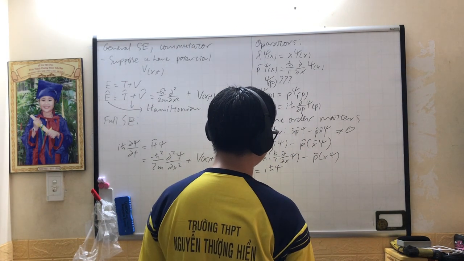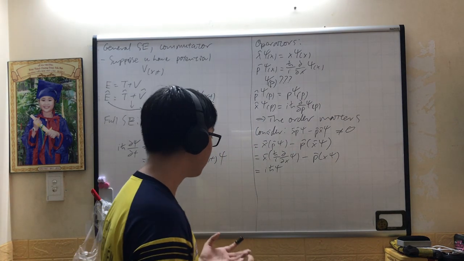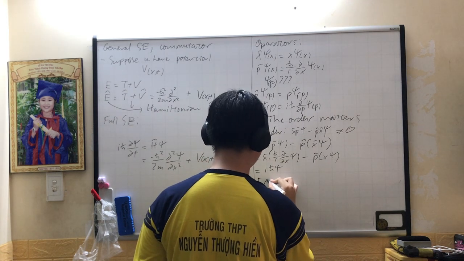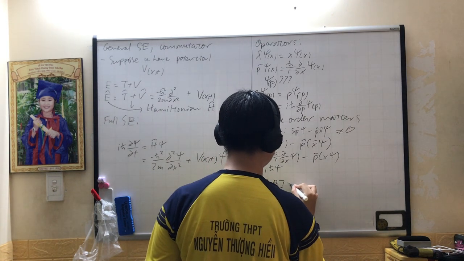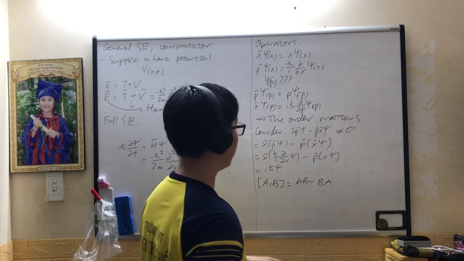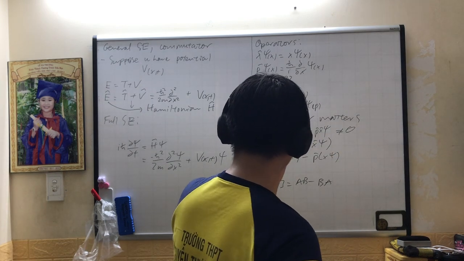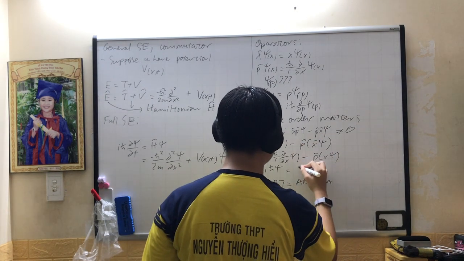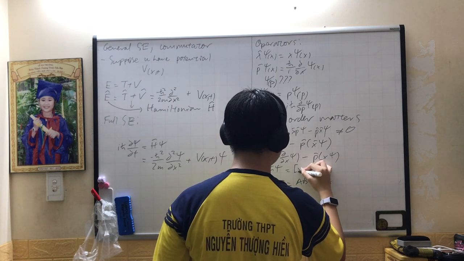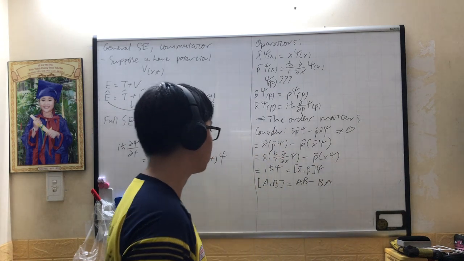And if you remember, I mentioned before, the commutation of A and B would be equal to AB minus BA. And you can see AB minus BA acting on a function. So you can say that iħ bar is equal to this. Yep. Like that.